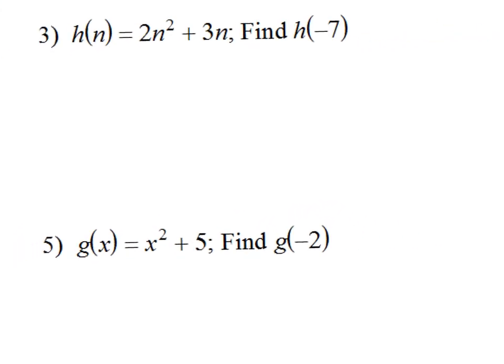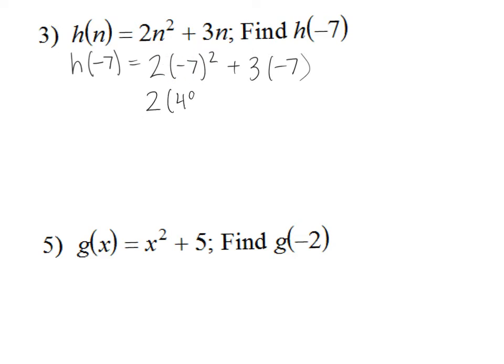Number 3, the same situation. We're going to take the h and plug in -7 for all of those n's. So instead of saying n, we're going to say -7. I like to always substitute using parentheses. That helps because then I know what I need to square and what I don't. Here, for instance, I need to take -7 and square it. Well, -7 times -7 is positive 49.